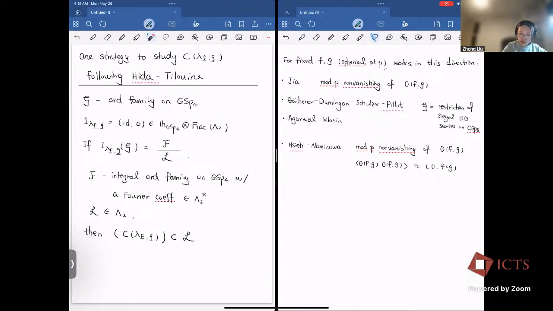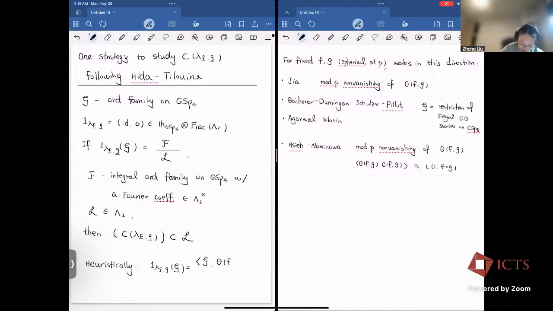The reason they compute this Petersson inner product is that heuristically, if I look at this projection, this should be the Petersson inner product of this G with the family of Yoshida lifts, divided by the Petersson norm of this Yoshida family as an actual family of automorphic forms.